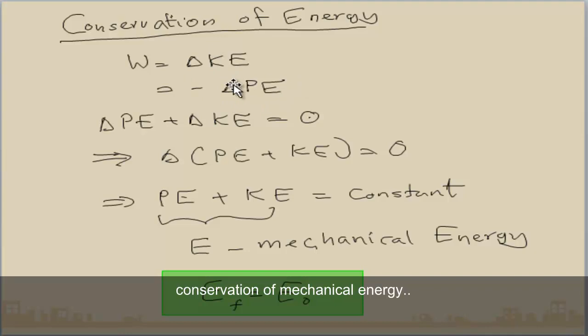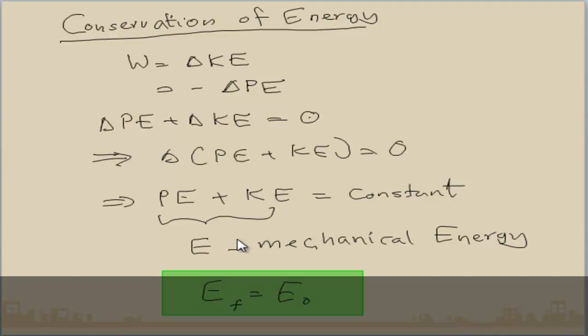If we use the two equations, we can say this delta KE is equal to negative delta PE. That means delta PE plus delta KE equals 0. That means change of PE plus KE equals 0. So if the change is 0, that means there is no change in this quantity. That means PE plus KE must be a constant. This is what we call the conservation of mechanical energy.